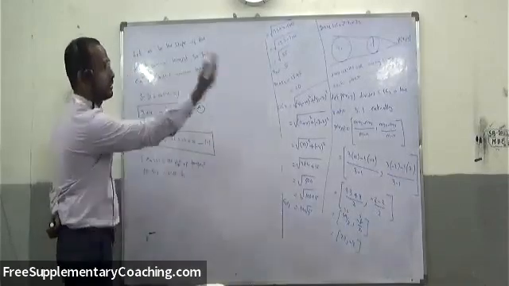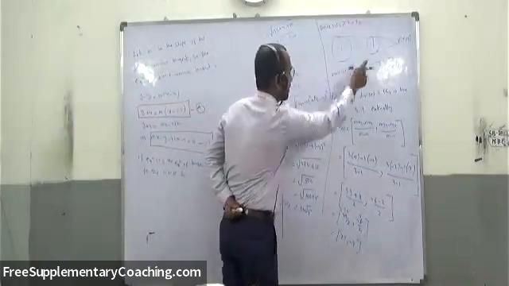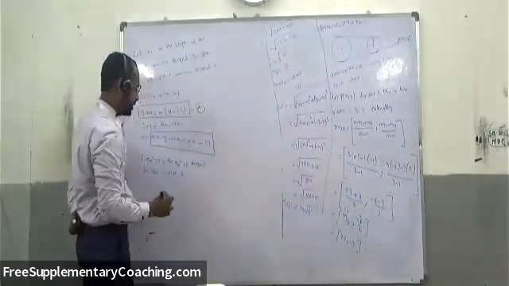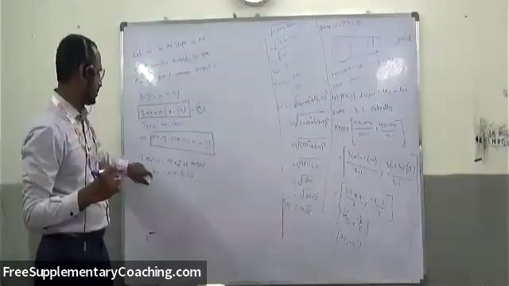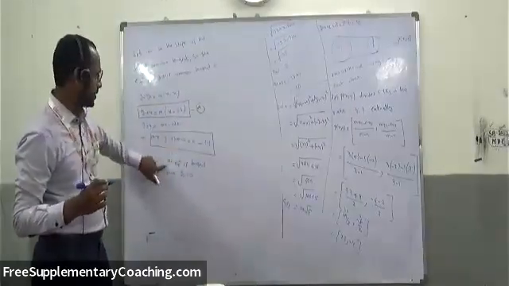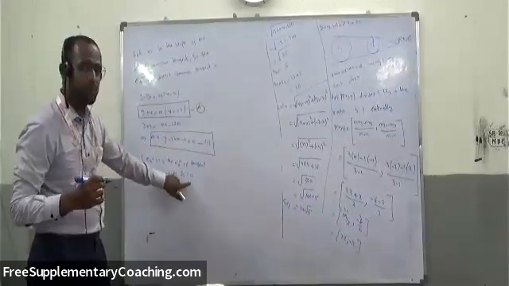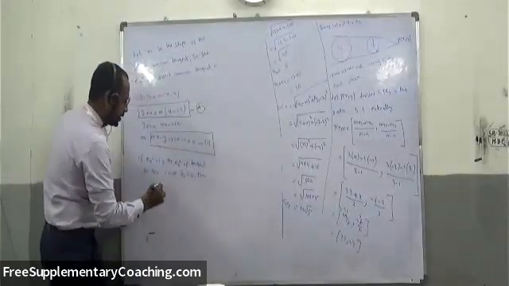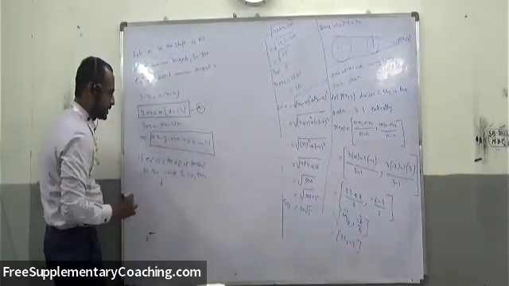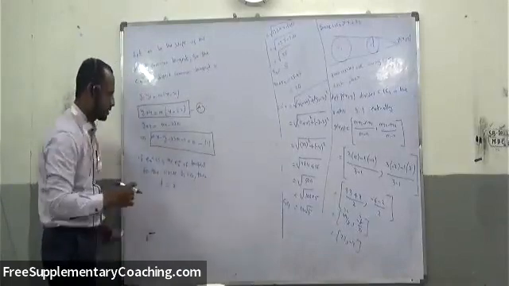I'm taking this as the first circle, the radius is big, and this is the other circle. That circle I am taking, S2 is equal to 0. If equation 1 is the equation of tangent to the circle S2 equal to 0, then the perpendicular distance should be equal to the radius.